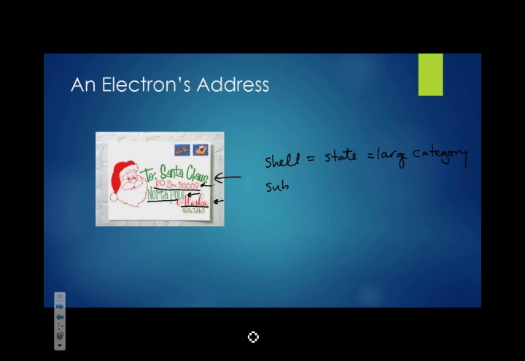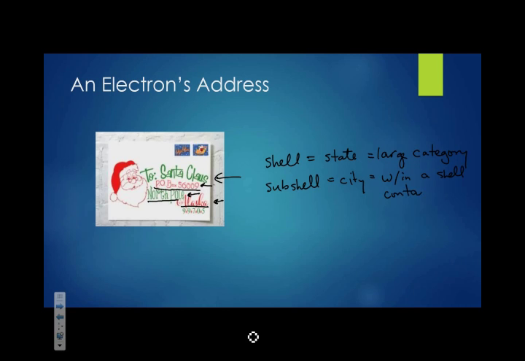The subshell exists within the shell, just like a city exists within a state. And a subshell is going to be a little bit smaller, kind of like a city, and it will contain some orbitals, and it exists within a shell.